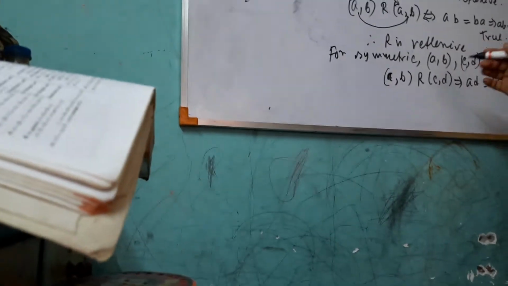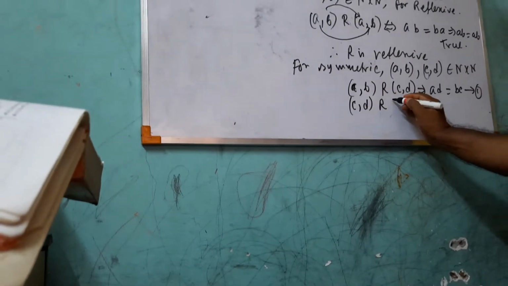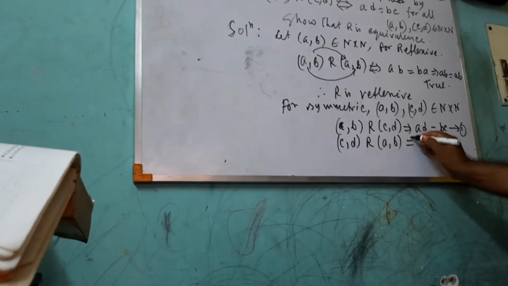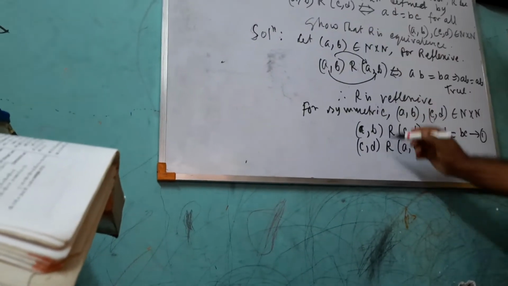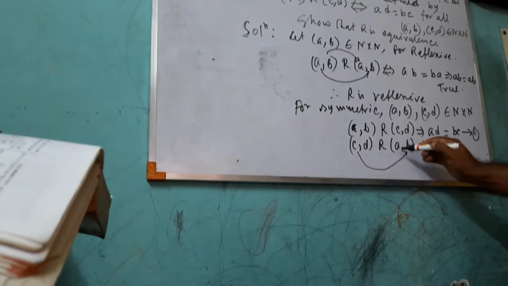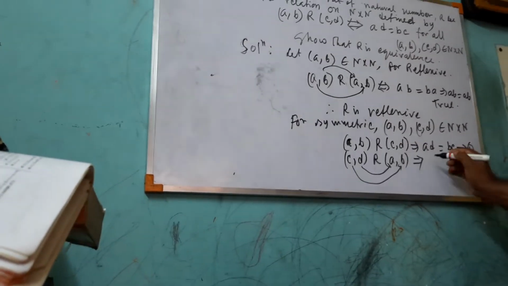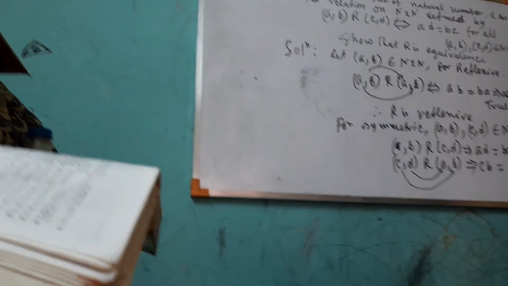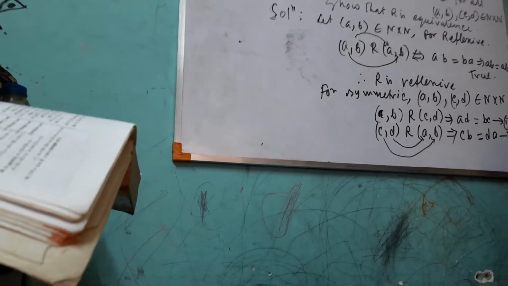Now just the opposite, we take (c,d) R (a,b). According to the rule, this with this multiplication and this with this multiplication, that is C into B, CB, equal to D into A, DA.